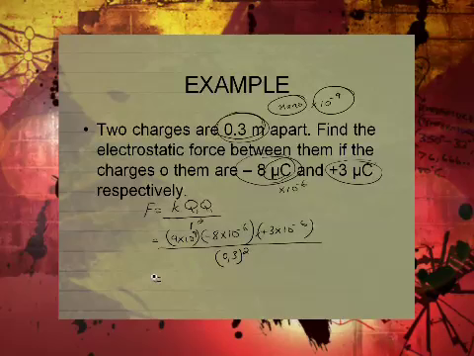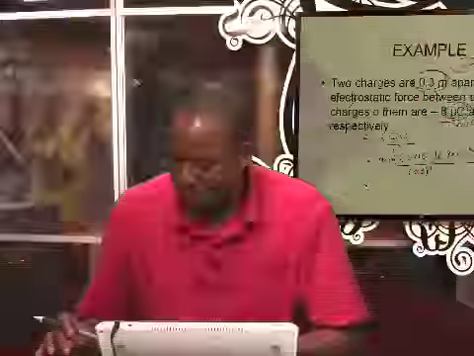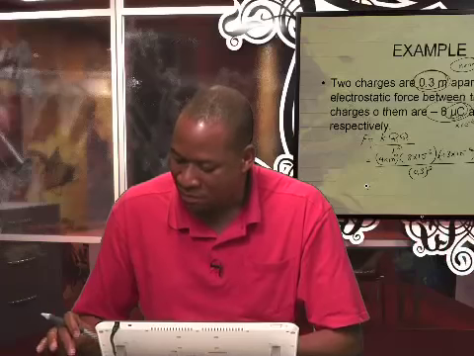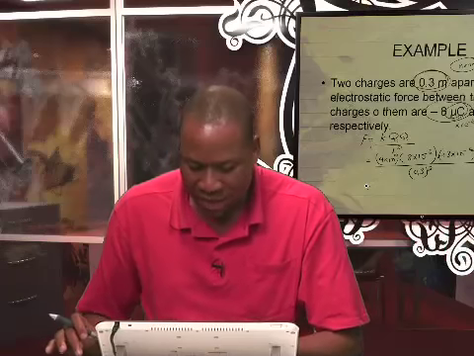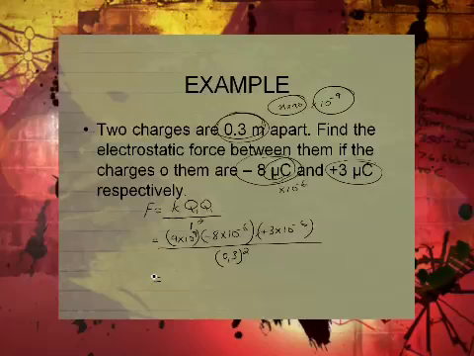Okay, now let's see how that works out. Hope I will have time for this. So 9 × 10^9 times 8 × 10^-6 times 3 × 10^-6. What is that?